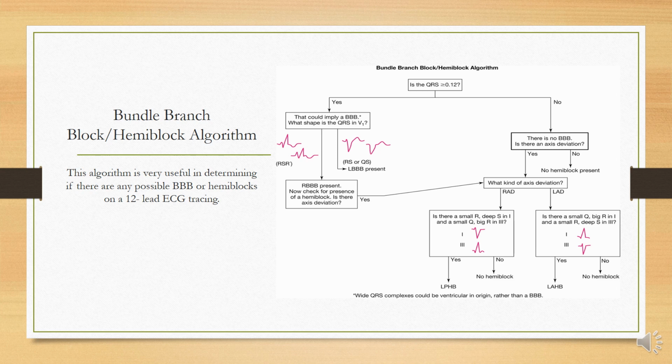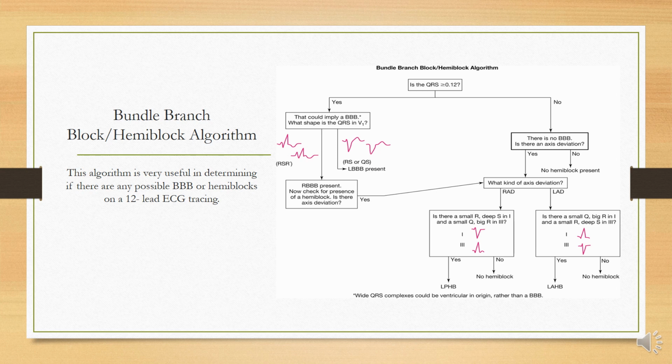If it's a LAD or left axis deviation and it fits these criteria, then we possibly might have a left anterior hemi block. But remember, not all right bundle branch blocks have a hemi block, because if they don't match these criteria, then we don't have one. So if we have a left, we just stop right there.